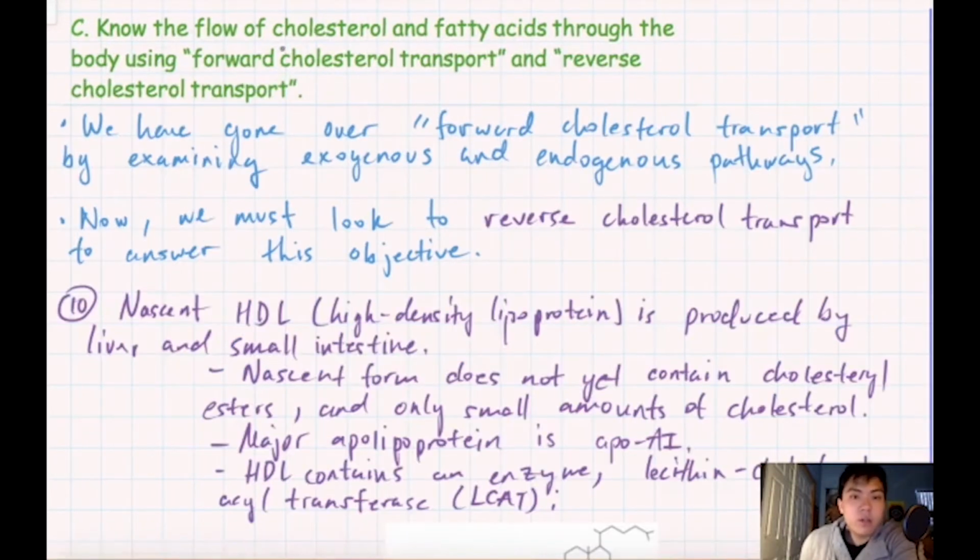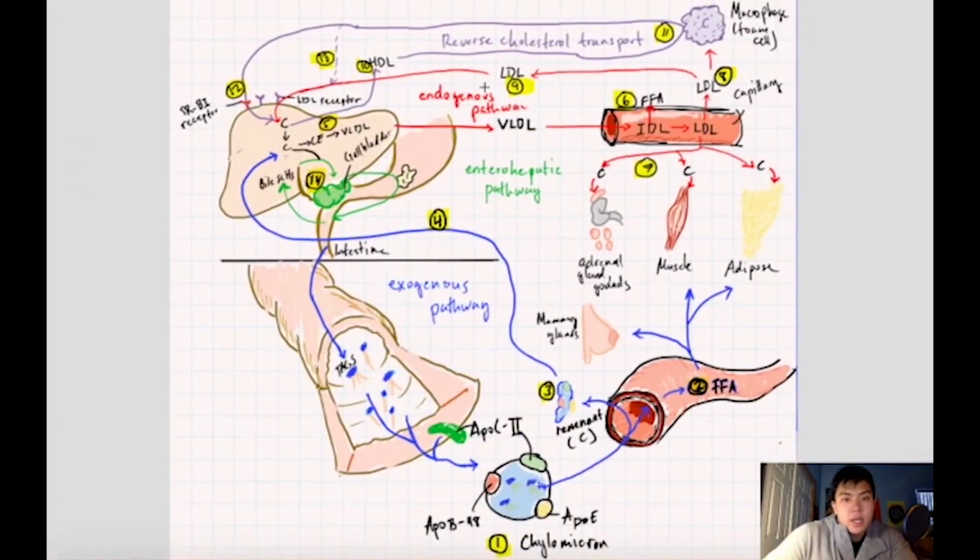Objective C, the flow of cholesterol and fatty acids through the body using forward cholesterol transport and reverse cholesterol transport. In objective A, we already did forward cholesterol transport, and that was the exogenous and the endogenous pathways. So now we're going to talk about the reverse cholesterol transport, which is purple in this diagram.